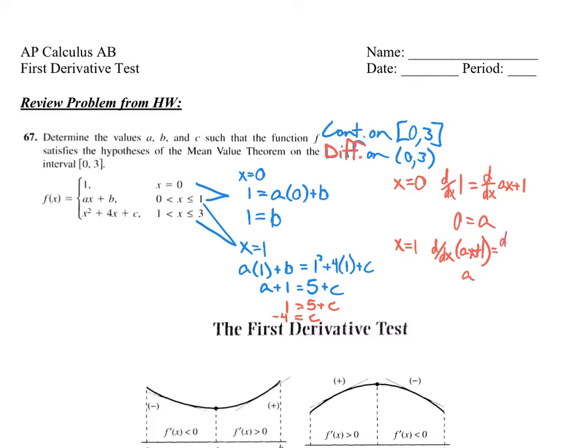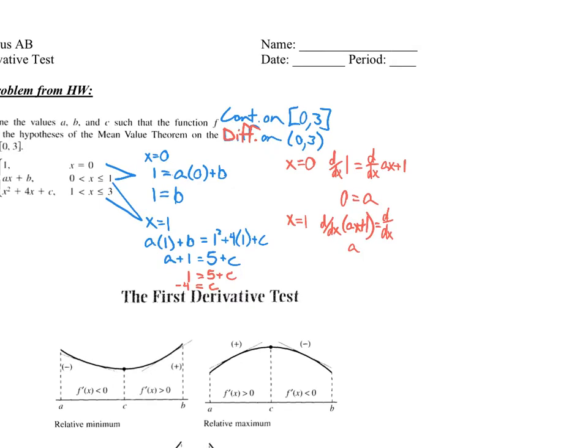Should equal the derivative of x squared plus 4x plus c, okay? Which is 2x plus 4, okay?